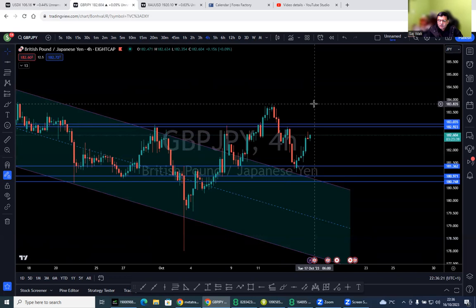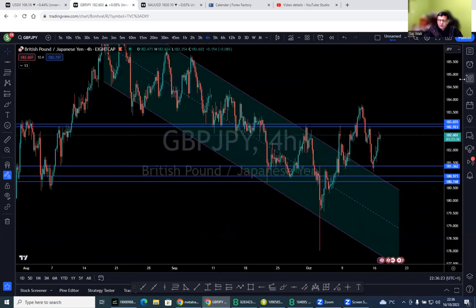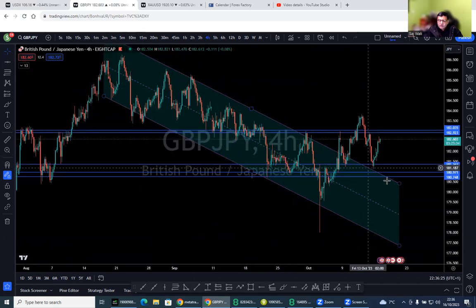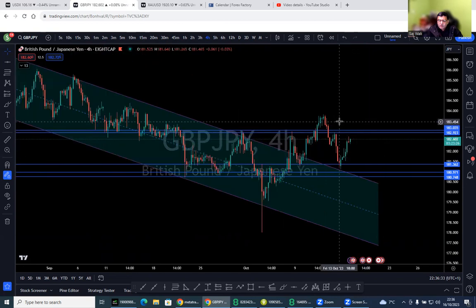First of all, you can see this channel was broken and retested. We got a trade here, the market came down on the 4 hours, you can see on this level, and then we had this up to here and retested this level and came back again on this level.